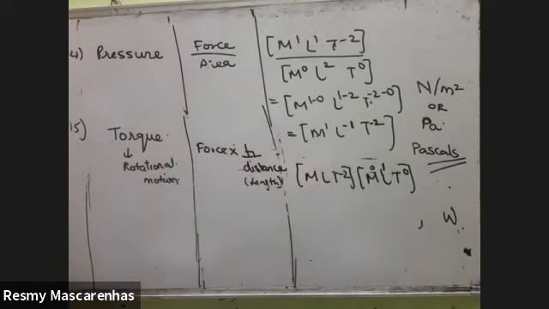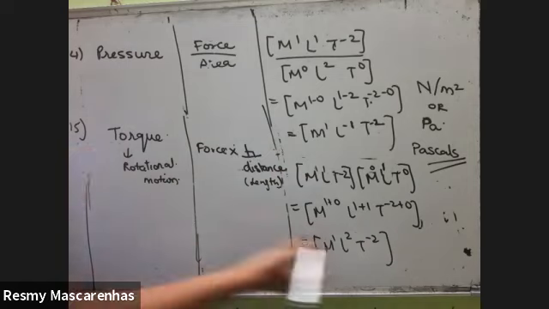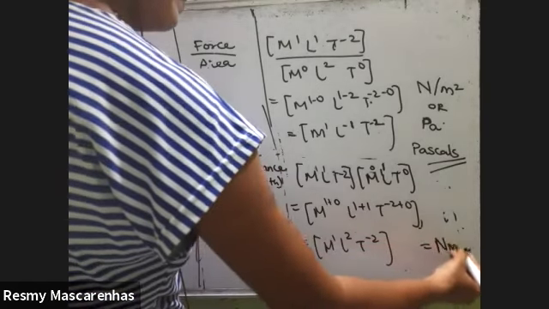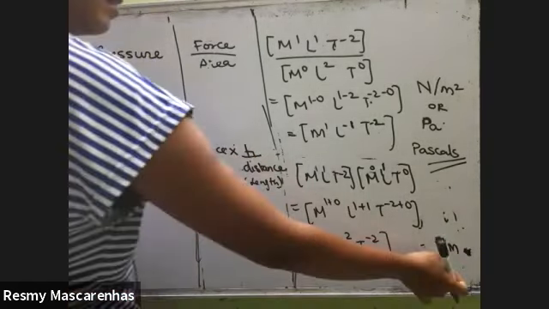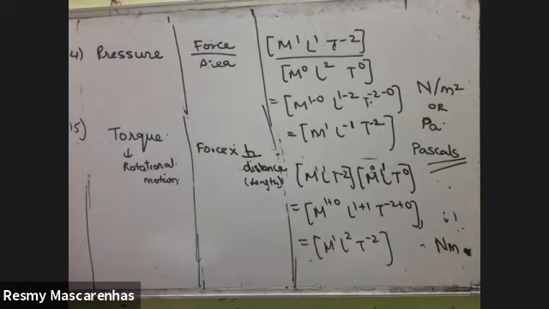So the answer is M1, L2. And this is Newton meter. Force is Newton, distance is meter. So Newton into meter is the unit for torque. Next one.